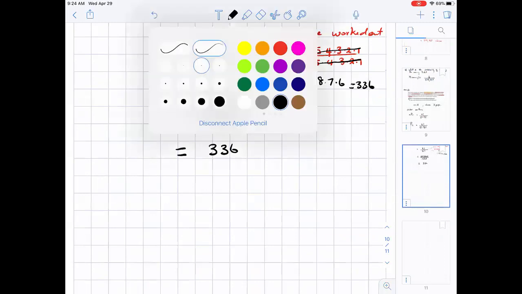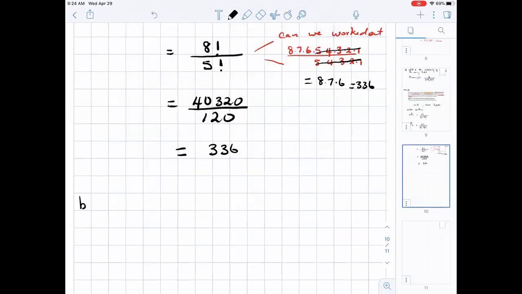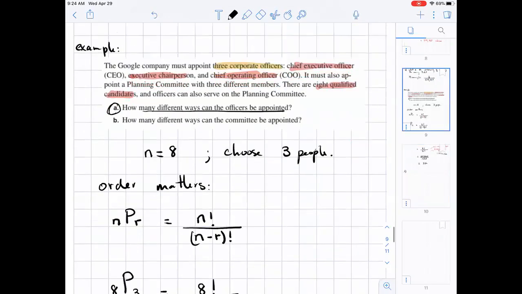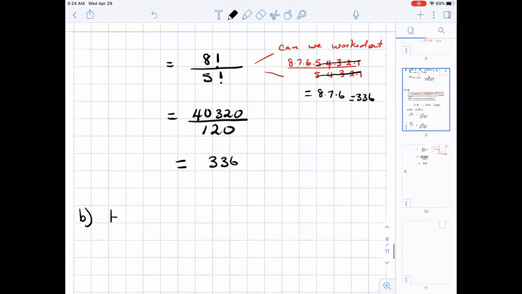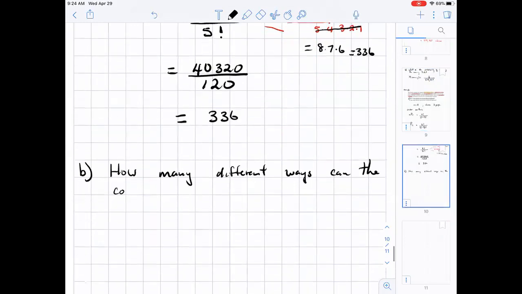Now the second part to our question is how many different ways can a committee be appointed? How many different ways can the committee be appointed?